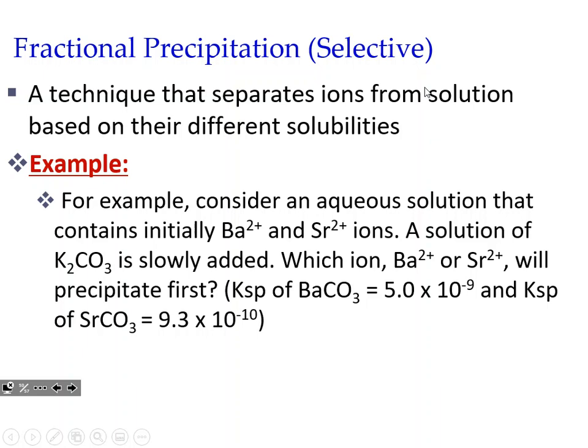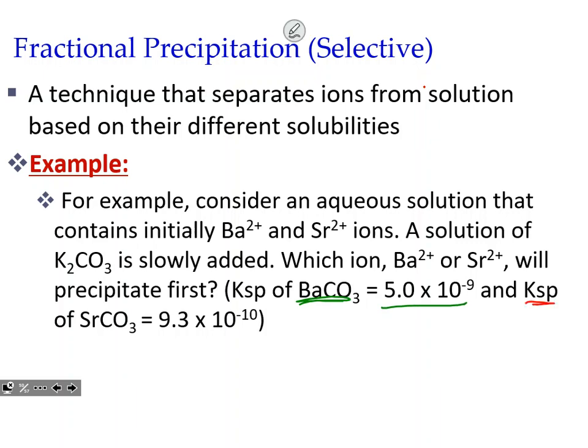So for example, consider an aqueous solution that contains initially barium ions and strontium ions. A solution of potassium carbonate is slowly added. Which ion, barium or strontium, will precipitate first? The KSP of the barium carbonate, so it's telling you this is one of the possibilities, barium carbonate is 5 times 10 to the minus 9.